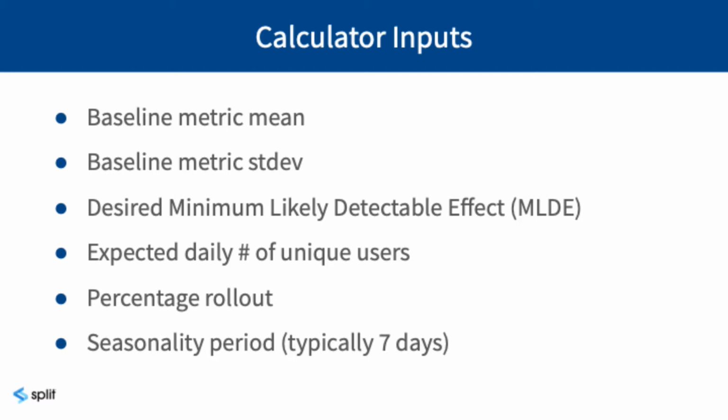MLDE is minimum likely detectable effect. So if your hypothesis for your experiment says we're expecting to see a 2% uplift in conversions, then your MLDE is 2%. The calculators take as input your seasonality period. For most people, that's going to be 1 week.